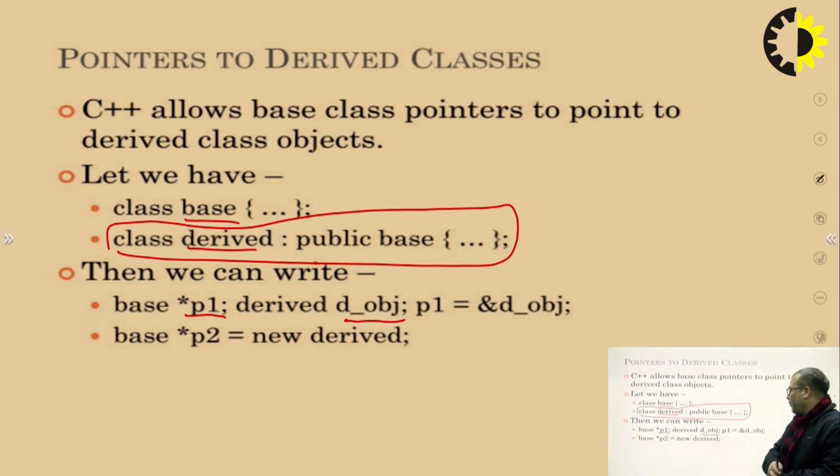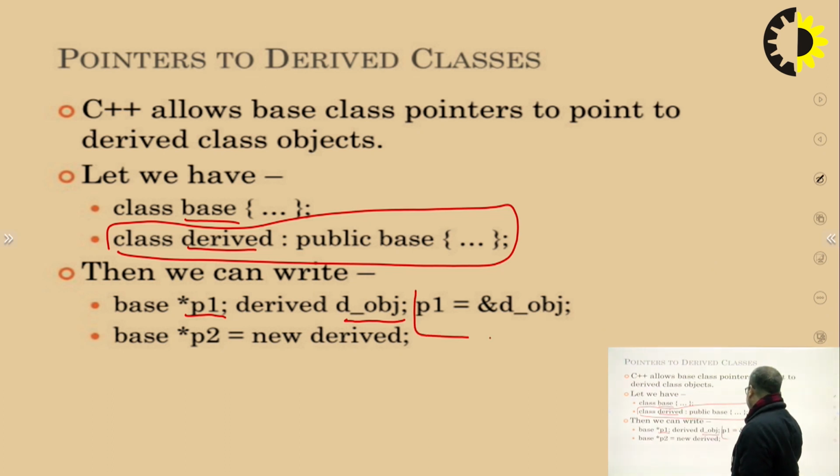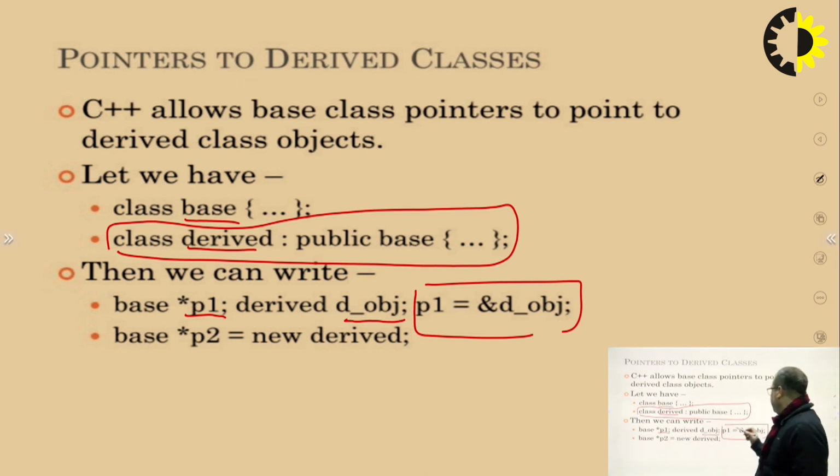So what are we trying to do here? P1 is a pointer to the base class. In this pointer to the base class, we can assign the address of the derived class also.